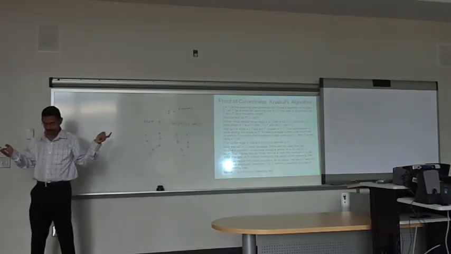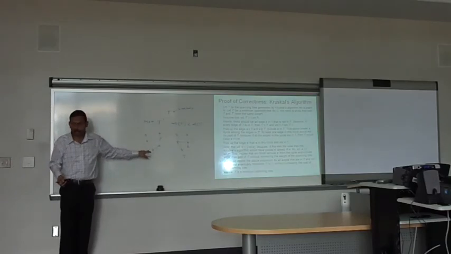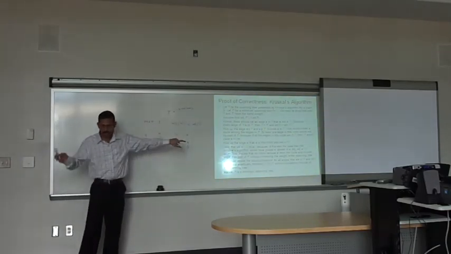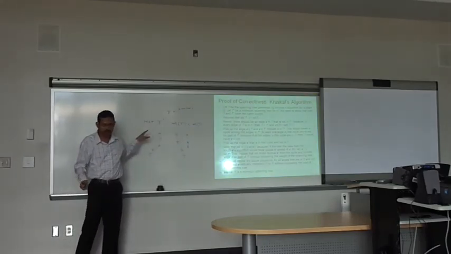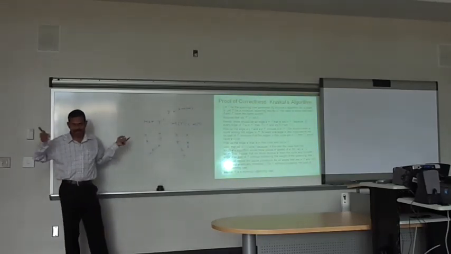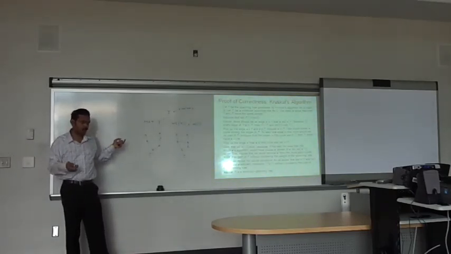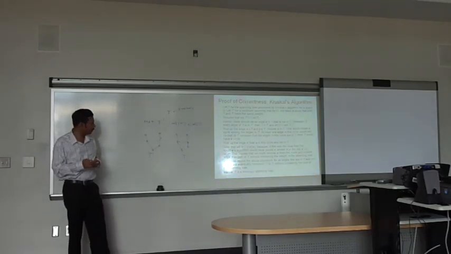The structure means the edges, right? There should be at least one edge which is here, not here. Likewise, some edge here, not here. If both trees have the same edges, then the weights should be the same, right? So that's how you start discussing.